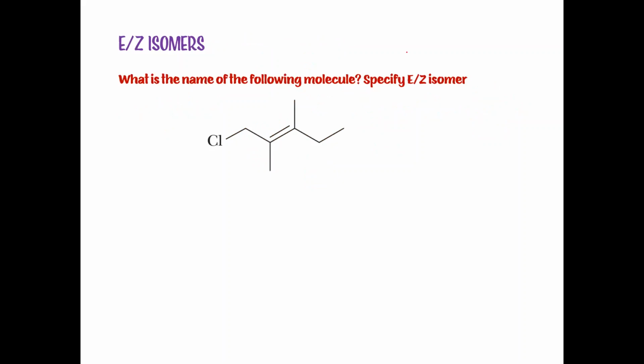Okay, so this is the same molecule, and we already specified that it's E, and this is how we include it in the name. So we're going to number it. We could have 1, 2, 3, 4 carbons, and the double bond would be on 2.